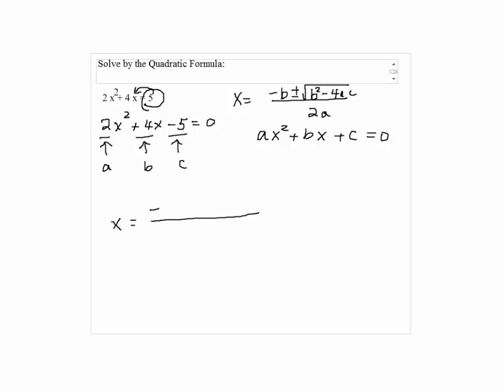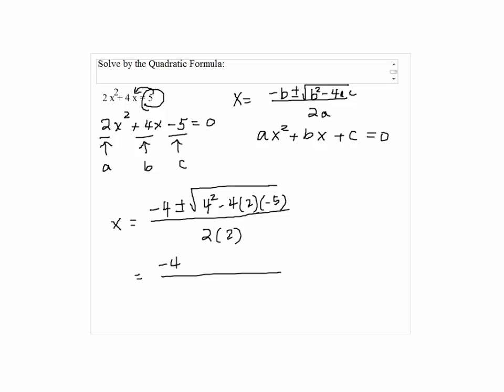So x equals negative 4 plus or minus the square root of 4 squared minus 4 times 2 times negative 5, over 2 times 2. So negative 4 plus or minus the square root of 16 plus 40 over 4. So it will be negative 4 plus or minus radical 56 over 4.